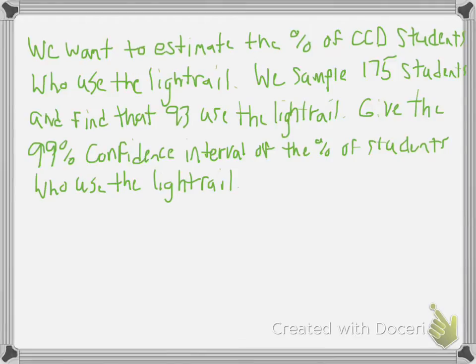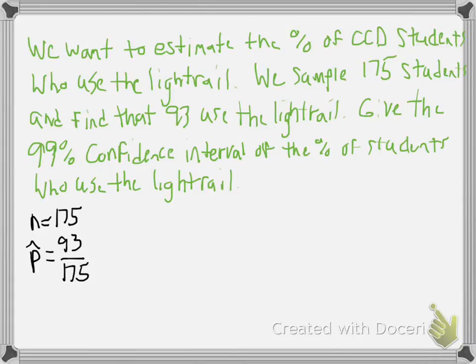Alright, so the first one says we want to estimate the percentage of CCD students who use the light rail. So we decide to sample 175 students and find that 93 used the light rail. So right away, that's our p hat. We know that n is 175, that's how many we sampled, and 93 out of the 175 is our p hat.